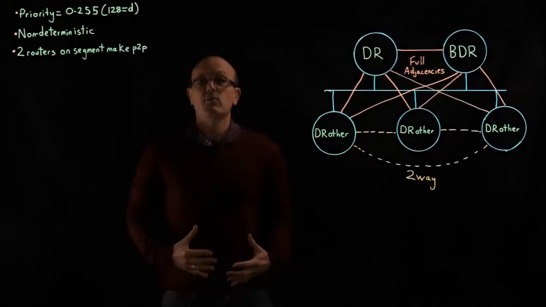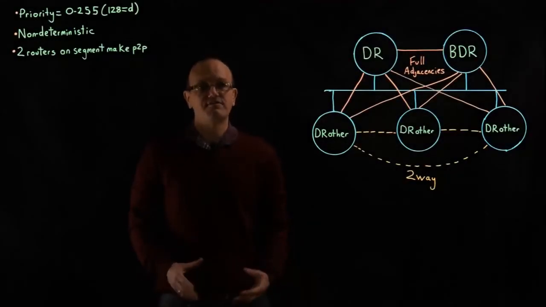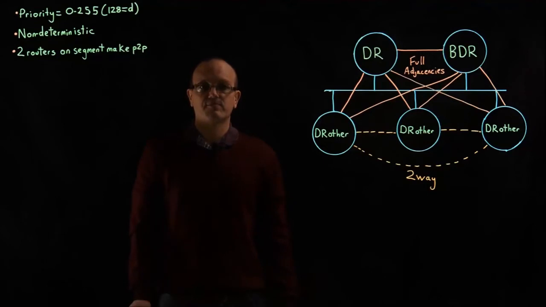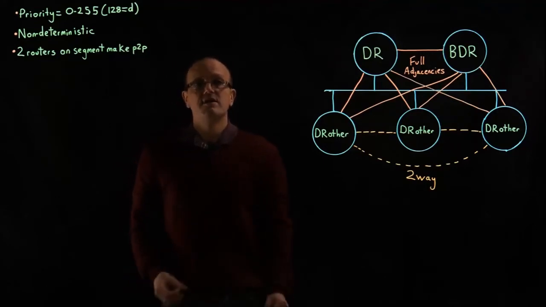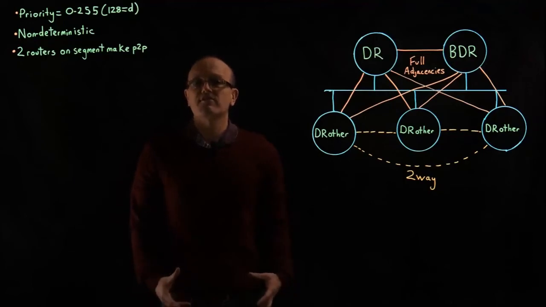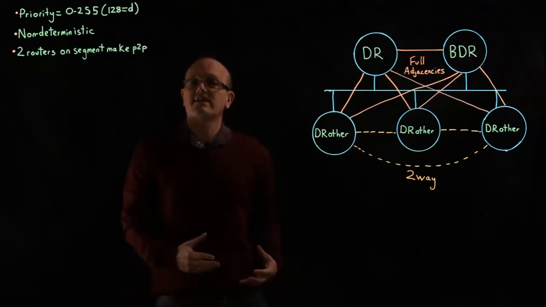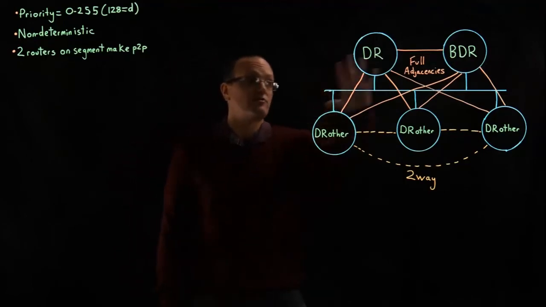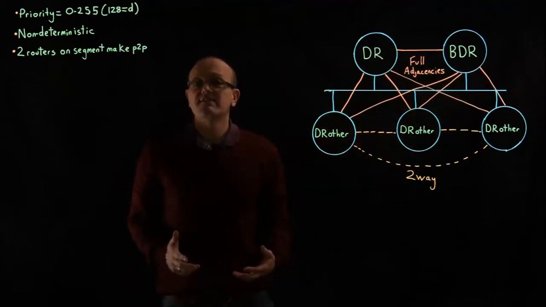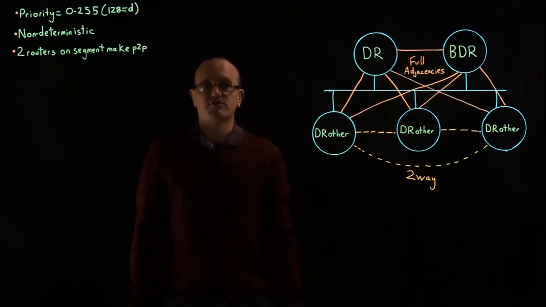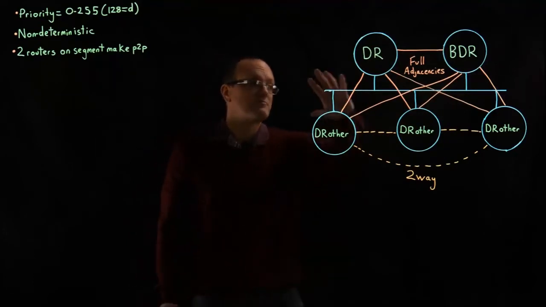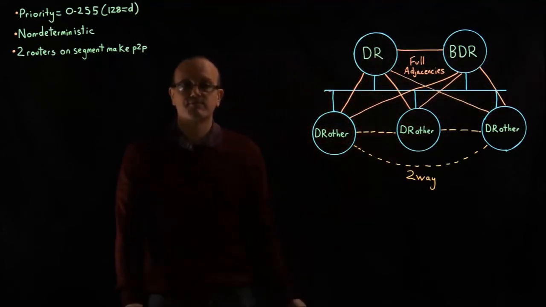In this section, we're going to take a look at OSPF on the LAN. On a LAN network, it's possible that you will have many different OSPF speaking routers, all interconnected via the same layer 2 LAN network. In this example we have on the board here, we have 5 OSPF speaking routers, all interconnected to the same layer 2 segment.